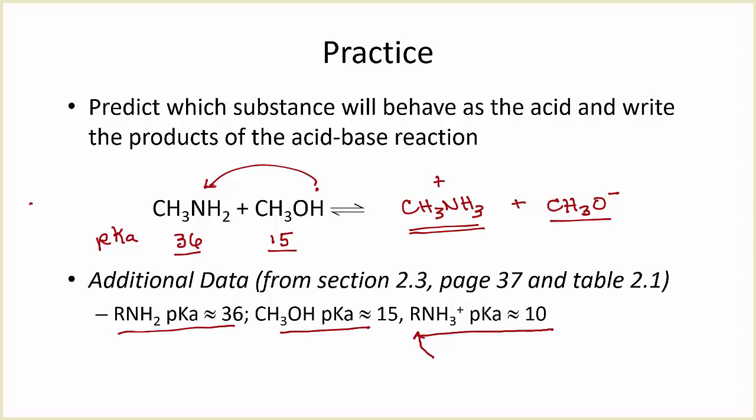Now, in terms of labeling, you don't really need to do this for this part, but this is the base, this is the acid, this is the conjugate acid, and this is the conjugate base. This is what we had talked about earlier. Now, in terms of determining the equilibrium position, what you need to do is look at the pKa's of the acids.